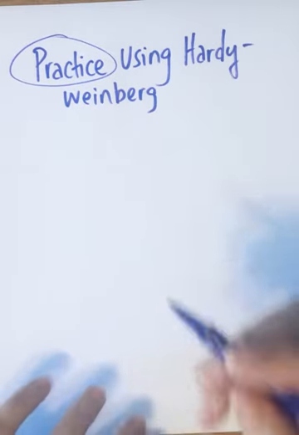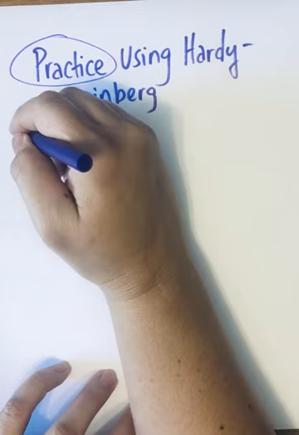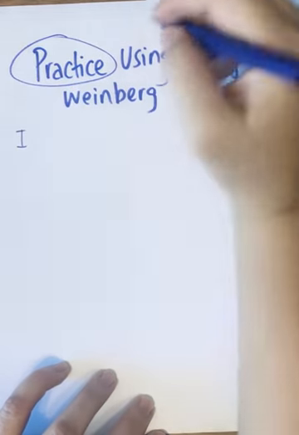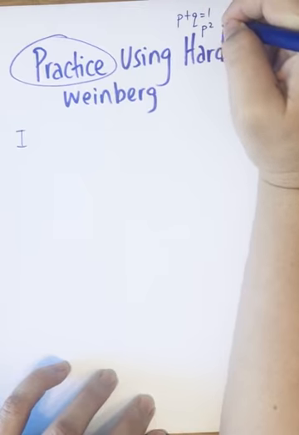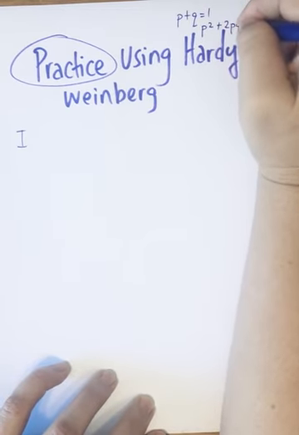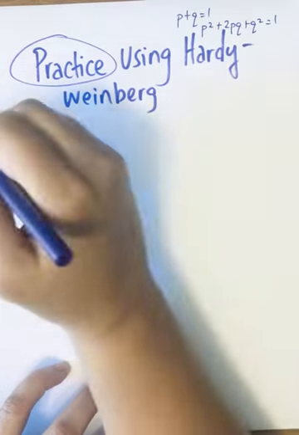So if this is the information that's given, you're going to use your Hardy-Weinberg. You have to know P plus Q is equal to 1, and P squared plus 2PQ plus Q squared is equal to 1. Know what each one of these stands for.